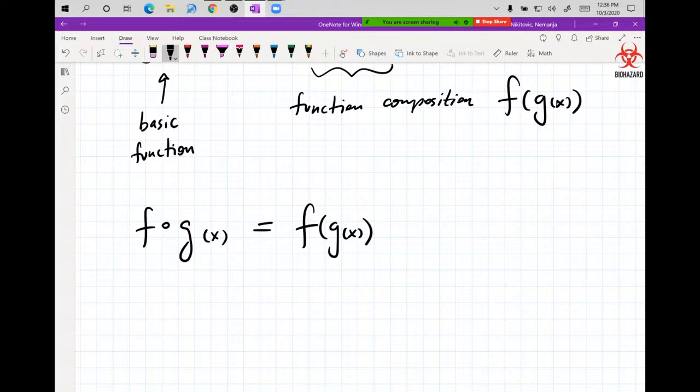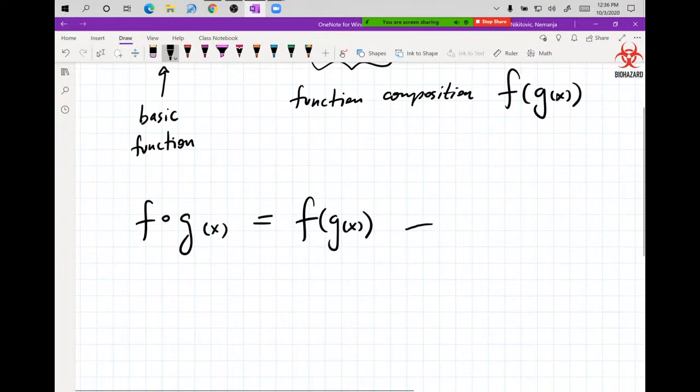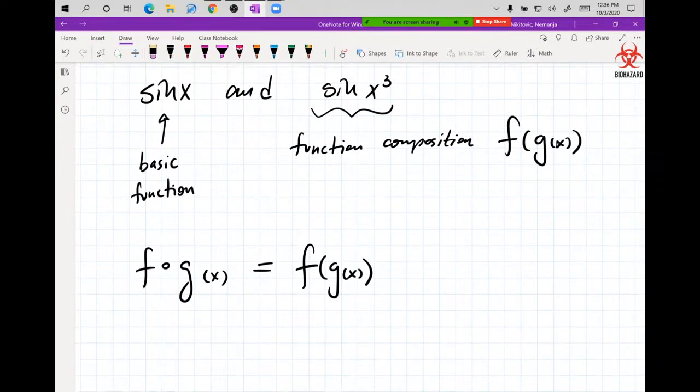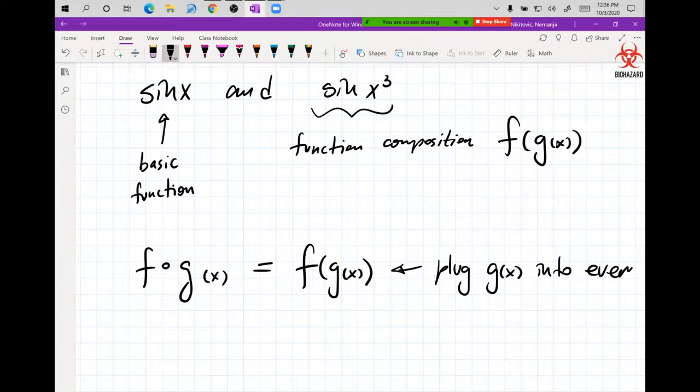And technically what it means is plug g of x for every x of f. Plug g of x into every x of f of x.